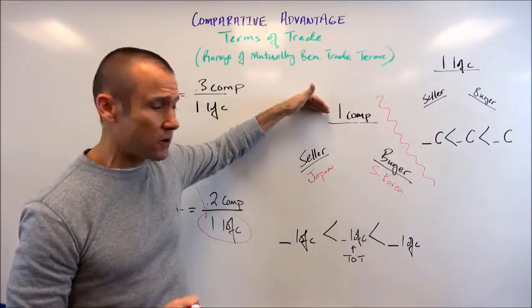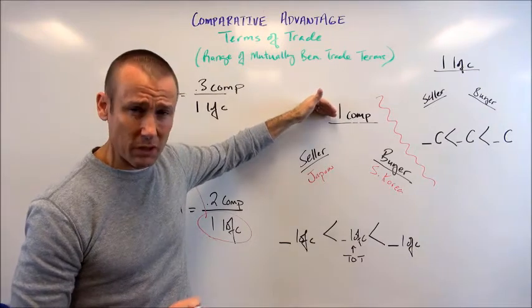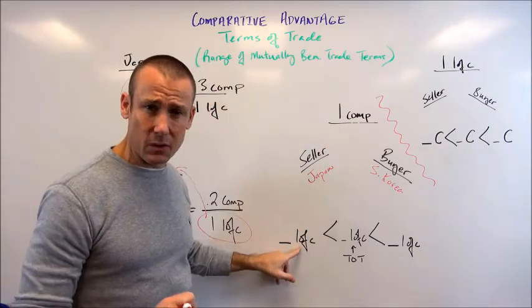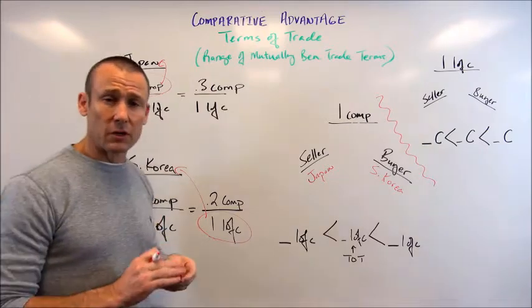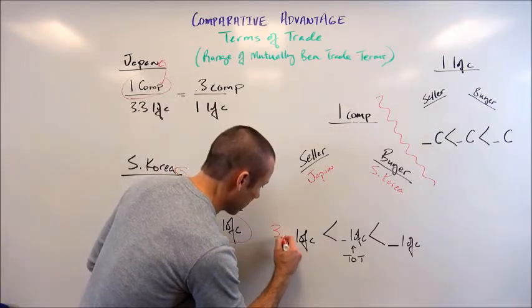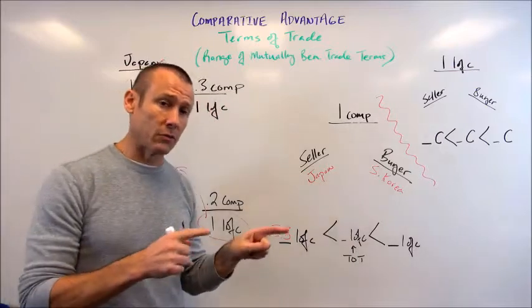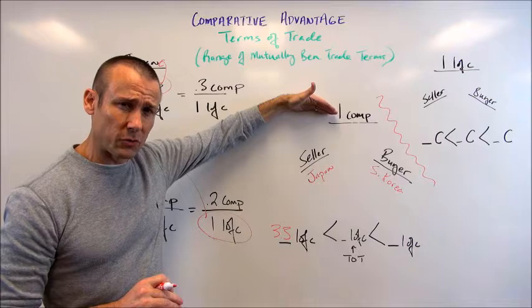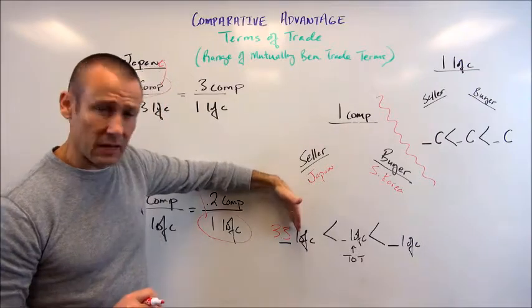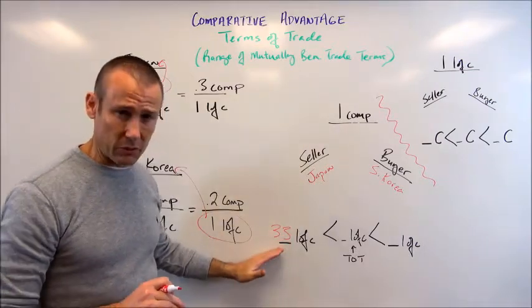Well, if they diverted resources from making one computer and made lines of code instead, go back over here, one computer, 3.3 lines of code, they would get 3.3 lines of code without trade. So if they did not trade, they could simply divert resources from making one computer and make lines of code instead, and they could get 3.3.